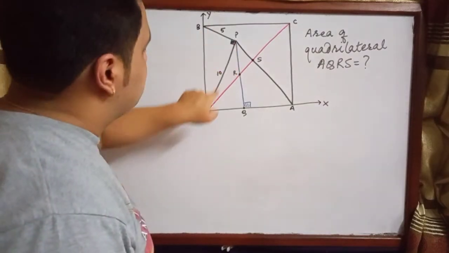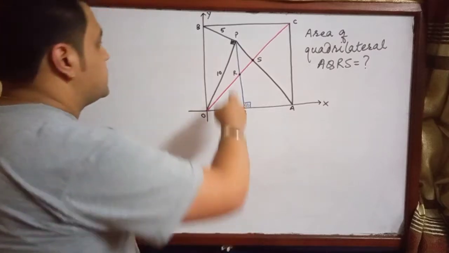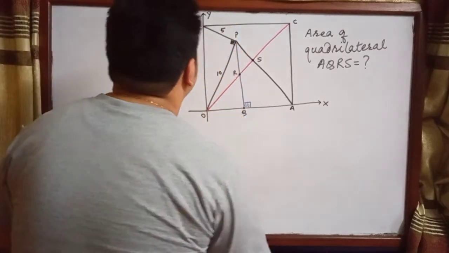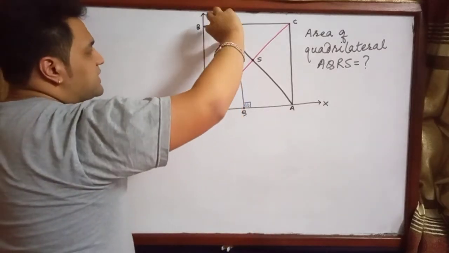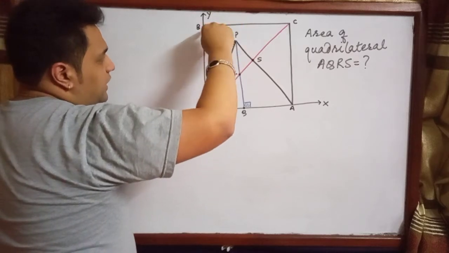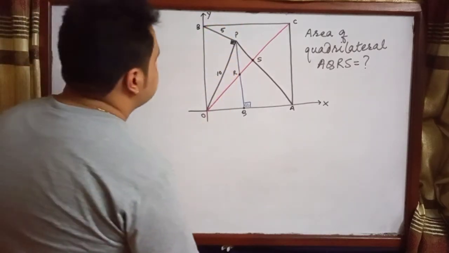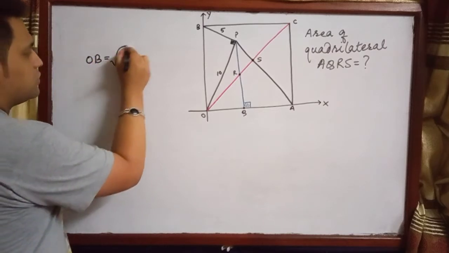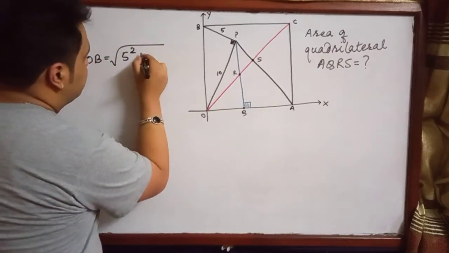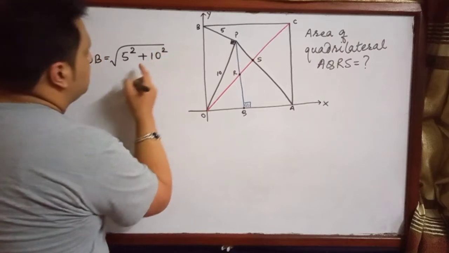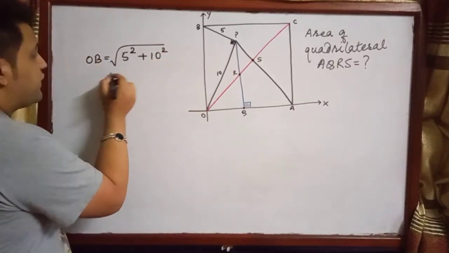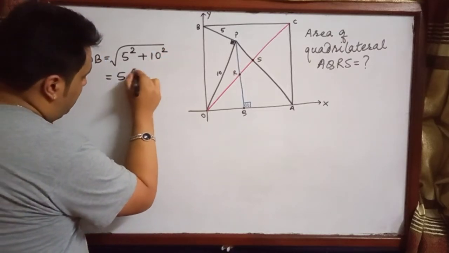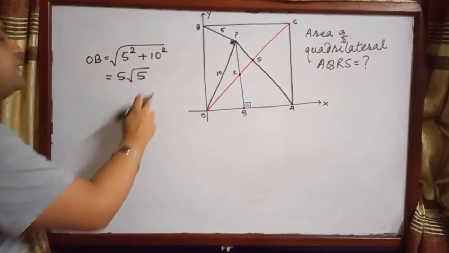Now let's see. This is a right angle triangle. So by Pythagoras theorem, the length OB is equal to the square root of 10 squared minus 5 squared, which is 125, and that is 5 root 5.